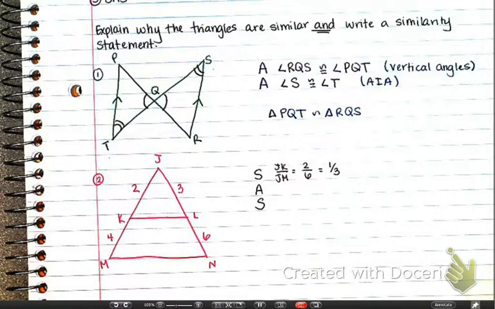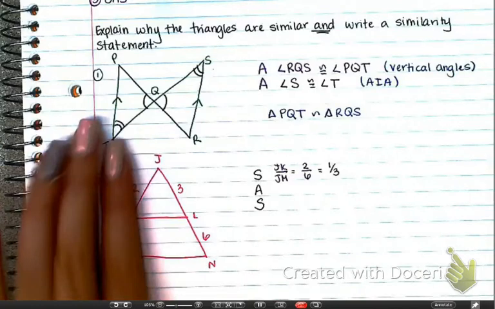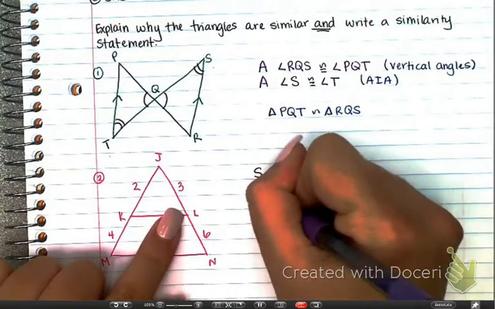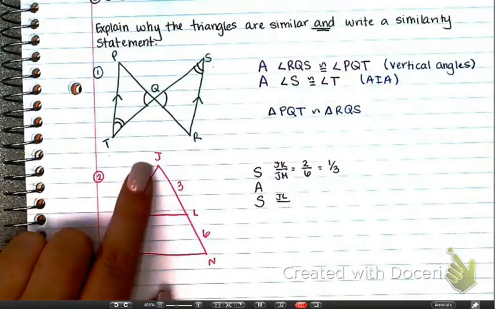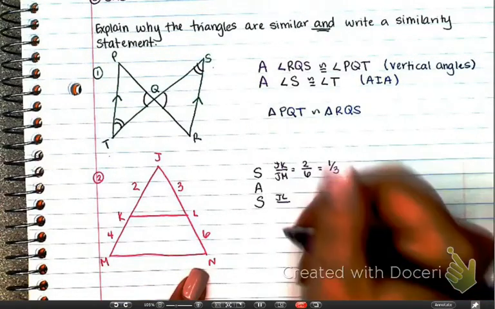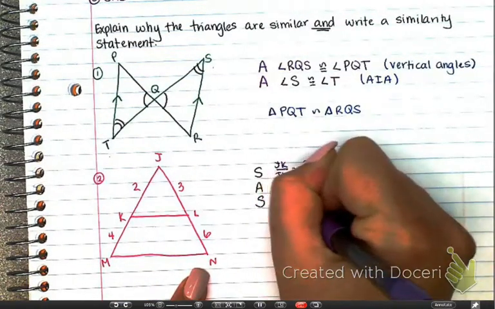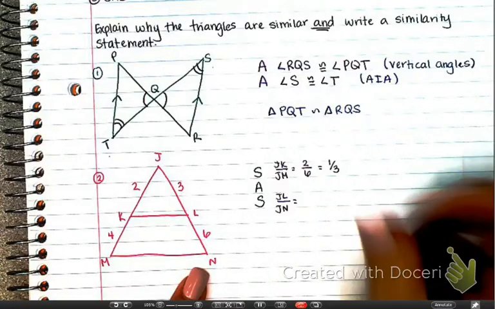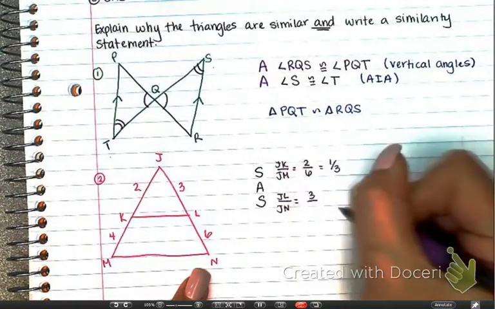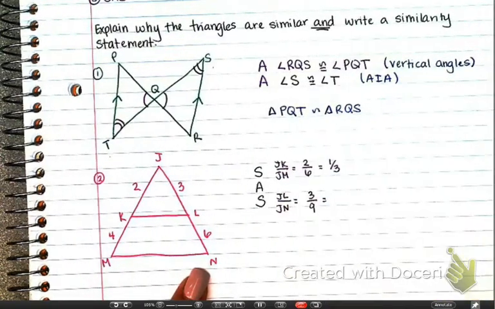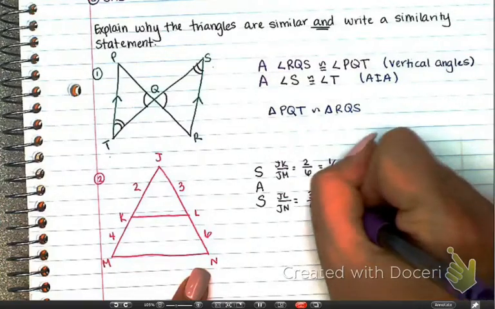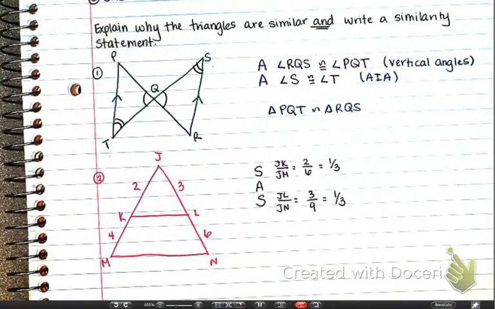Let's skip the angle for a second and let's go to the other side. So JL is going to be proportional to JN. What is JL? What is JN? And what is that reduced to? 1/3. So because my scale factor is the same for my sides, I'm good.